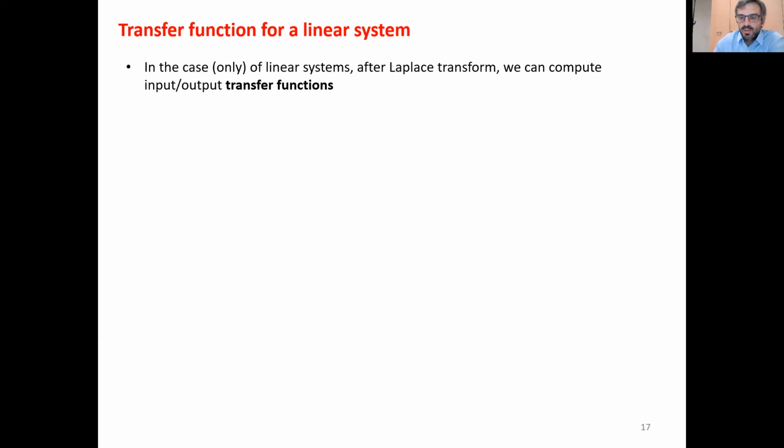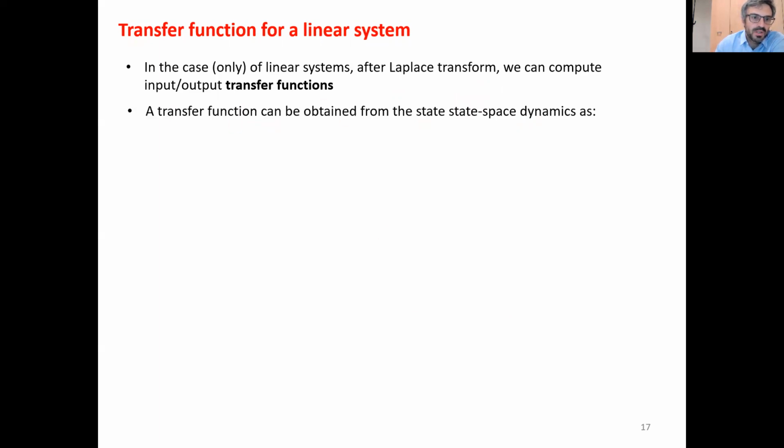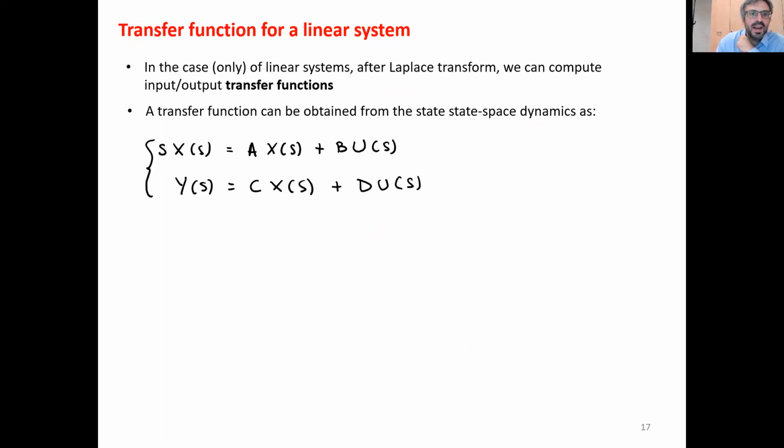This is not the focus of this course; there is a whole course on control systems to tell you what the Laplace transform is. But for what matters for us, once we apply the Laplace transform to our differential equation, we can compute the input-output transfer function. The transfer function relates our input to an output, and we can compute it directly from the state space dynamics as follows.